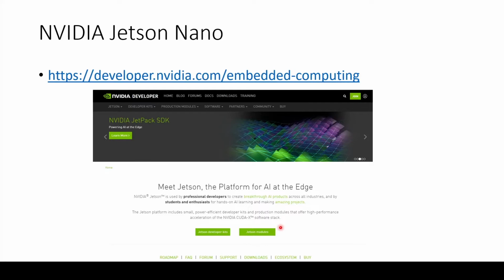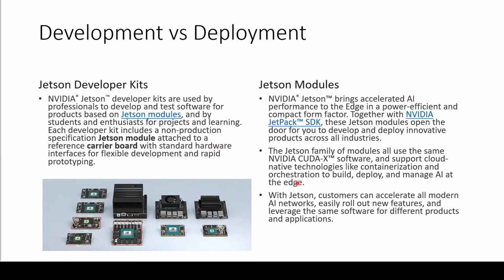We're going to try to look into both of it because sometimes the development kit, the development process, we are mostly using different devices than when we try to deploy our final product. So this is a difference between deployment versus development.